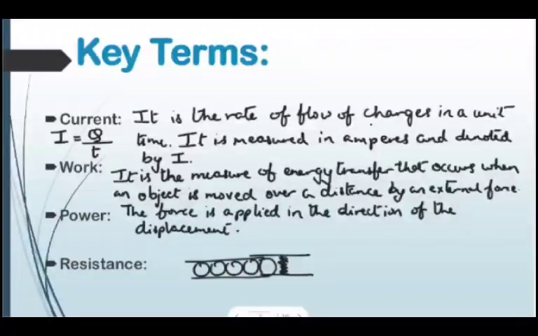So this part, which consists of something else other than copper, which is a good conductor, will cause a problem in circulating the electrons across the wire.